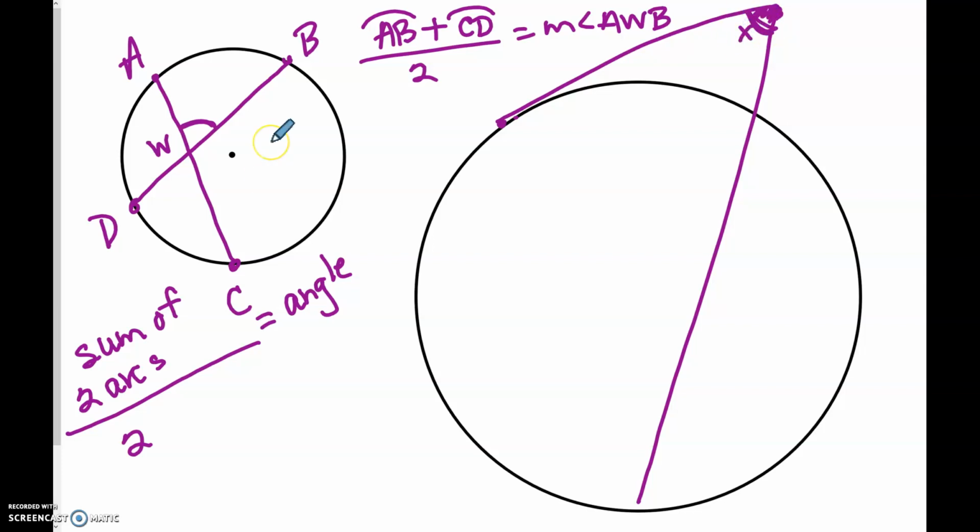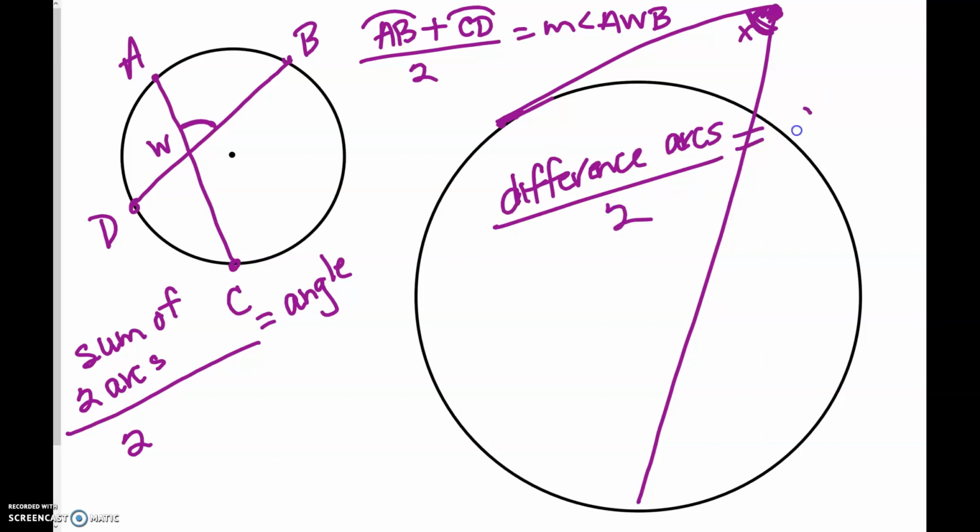When the chords are inside, the sum of the arcs divided by 2 gives you the angle. When this point is on the outside, you're going to take the difference of the two arcs. Difference of arcs divided by 2 equals the angle.